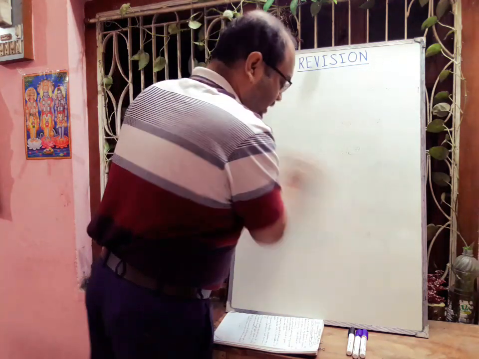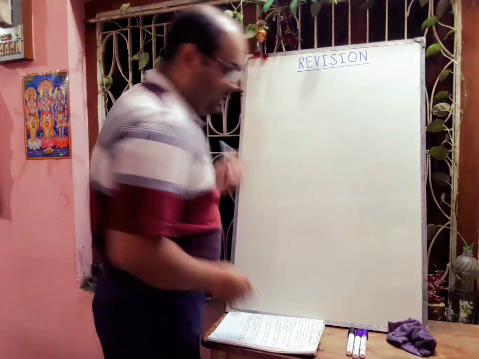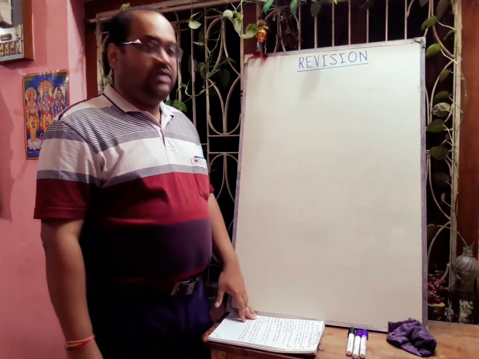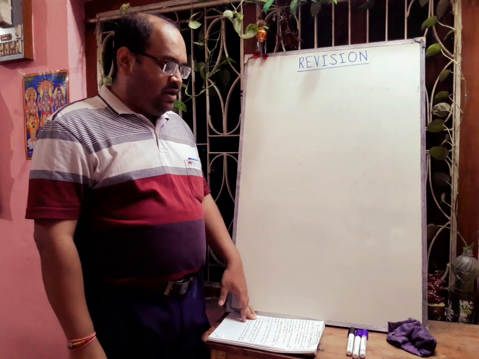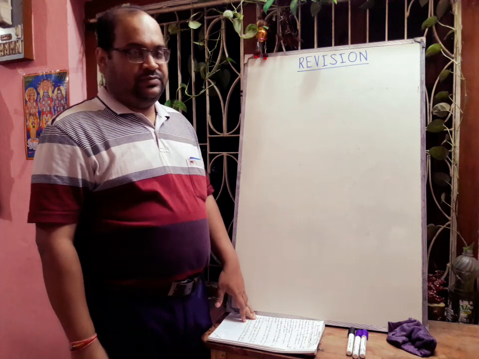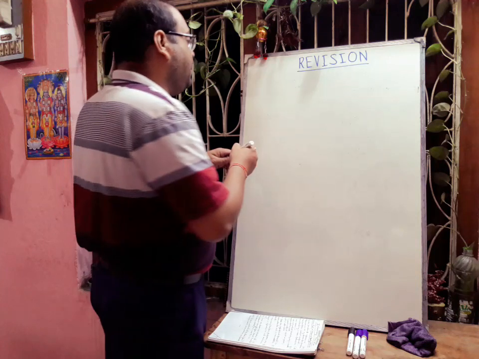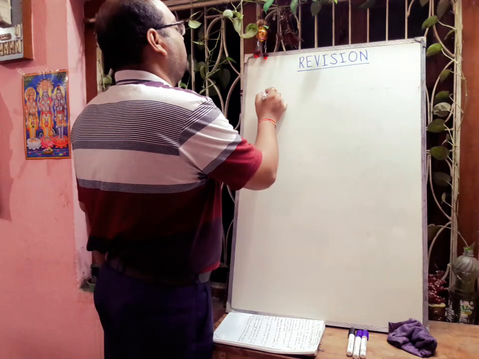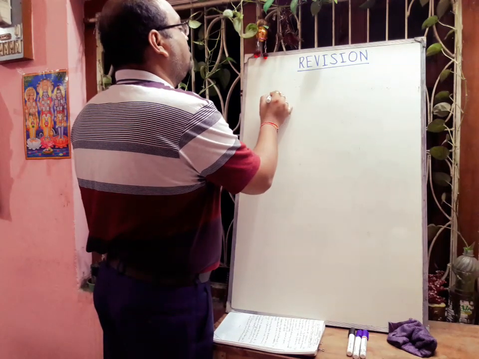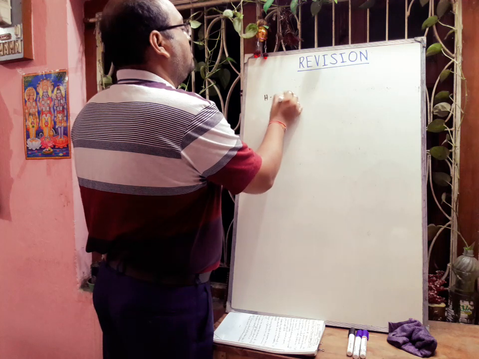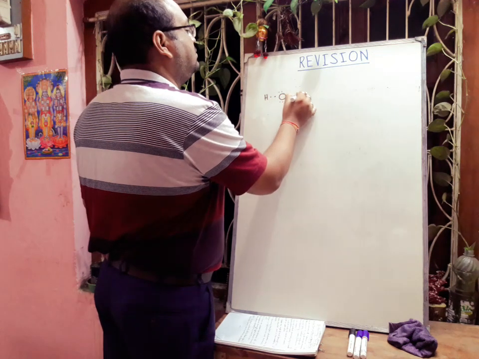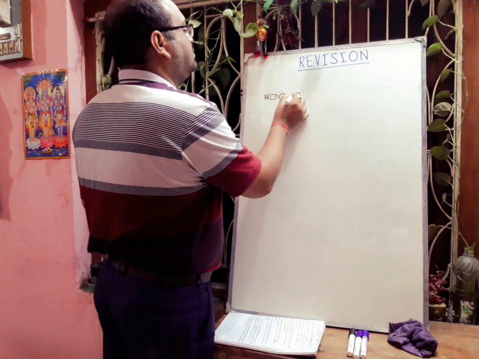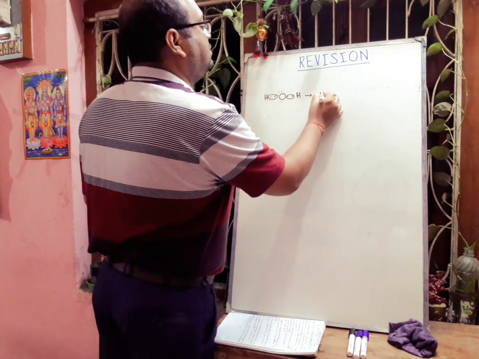In the chemical bonding revision test, the first question was, show the formation of hydronium and ammonium ion by electron dot structure. For the hydronium ion, first we have to draw the water molecule. So this is water.